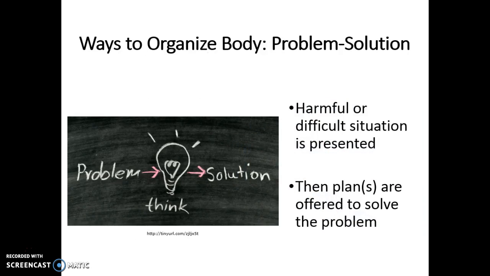Another way is problem solution. With this approach, you have a harmful or difficult situation and you present that problem. Then you talk about ways, or maybe the top recommended plans out there, to solve that problem. Keep in mind that this can always be a hybrid with the causal effect.